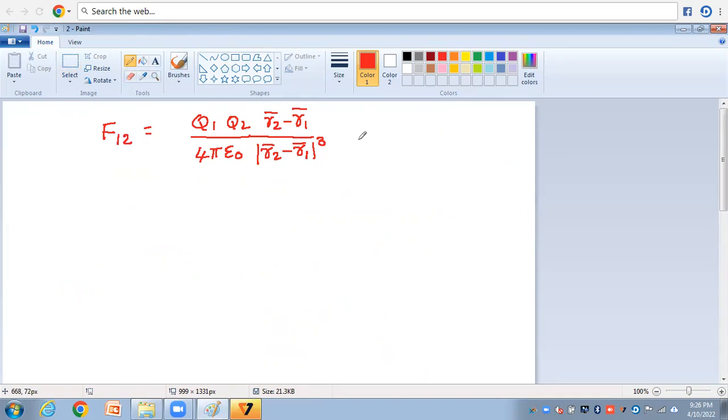Okay. So you may extend a little bit: F12 equal to minus F21. This discussion may be helpful for the problematic part. Okay. Now, the unit vector AR12 bar equal to minus AR21 bar. Okay.